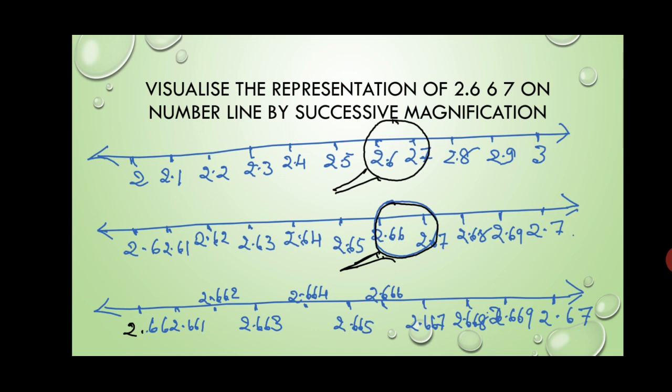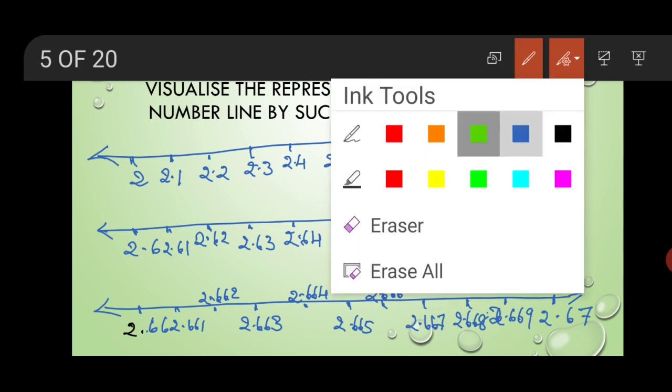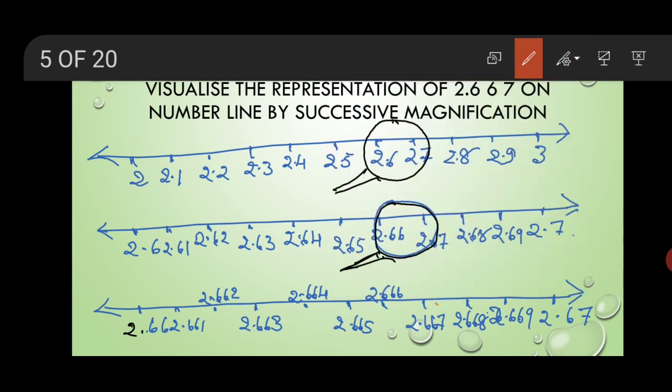Locate that point. The number is here. We get the number. In this way we will locate or represent the given number on number line, and the method is known as successive magnification.